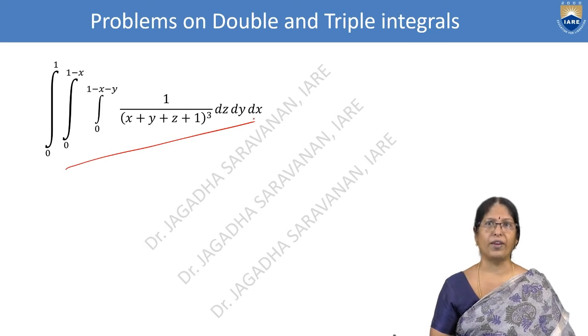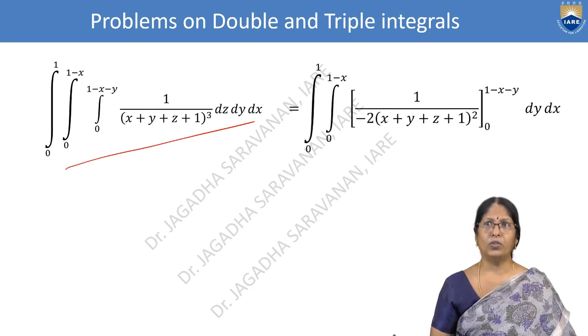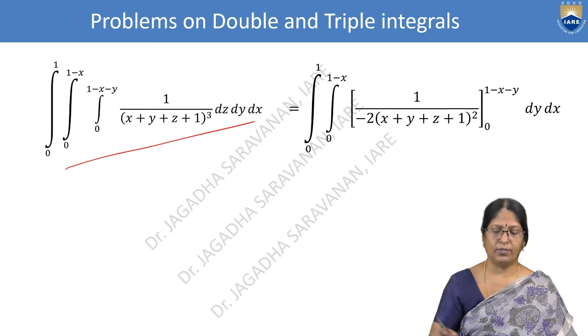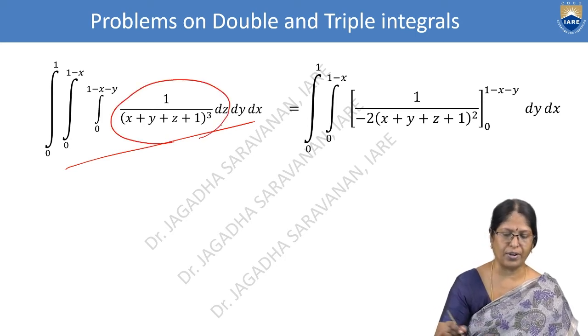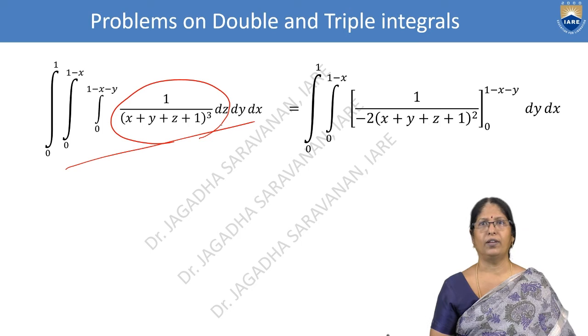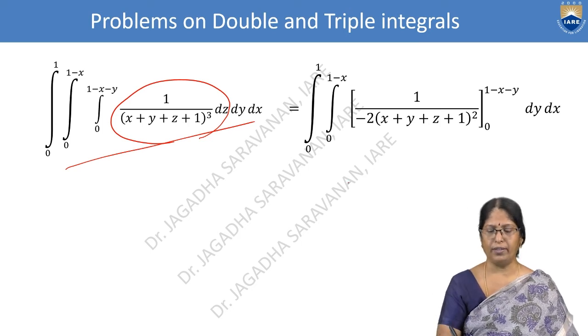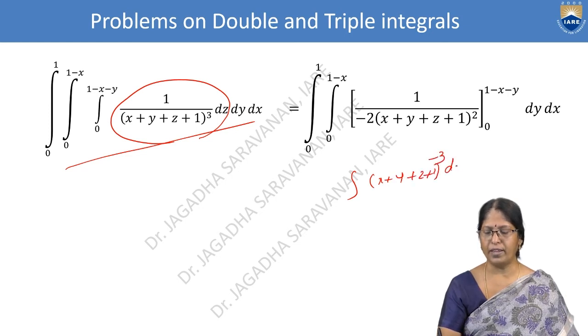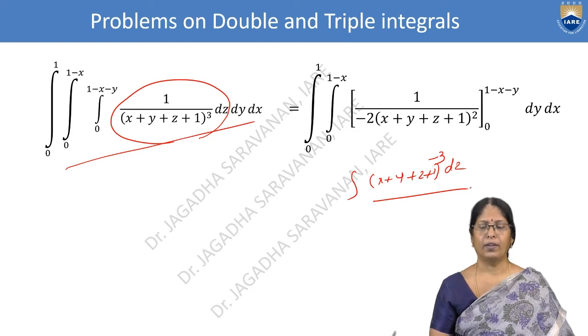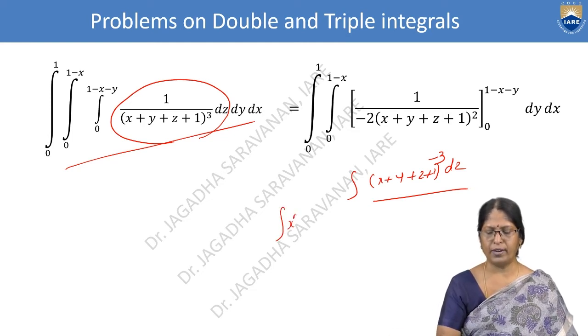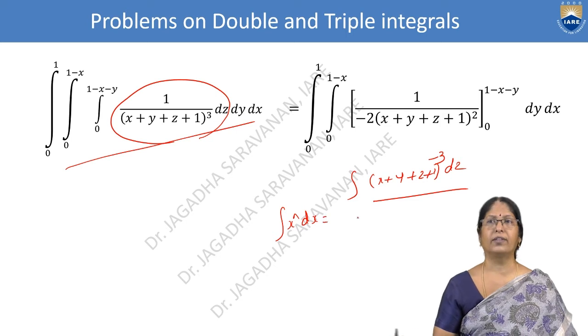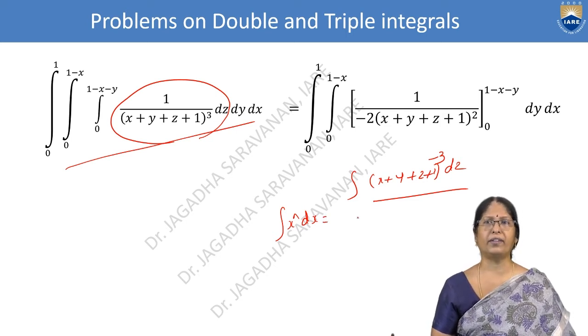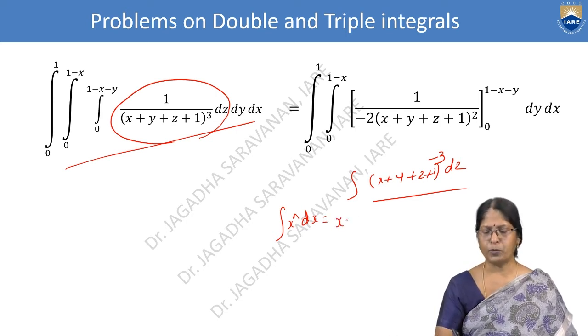Now we will concentrate on the first one, the z part. The integration is of (x + y + z + 1) power minus 3 dz. We know our simple integral formula: integral of x power n dx is x power n plus 1 by n plus 1.